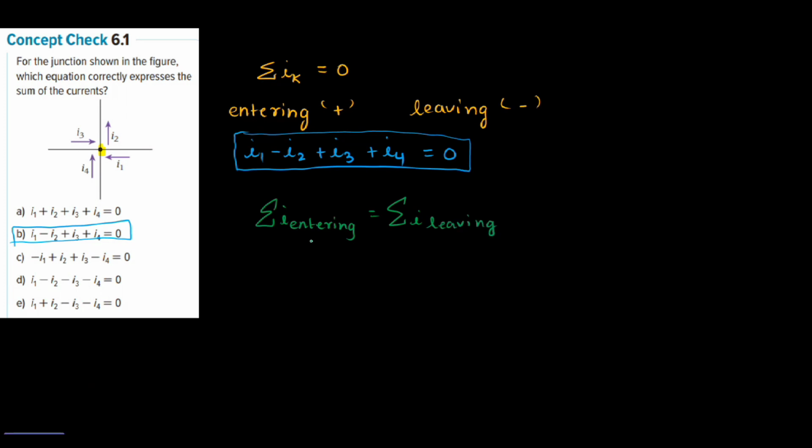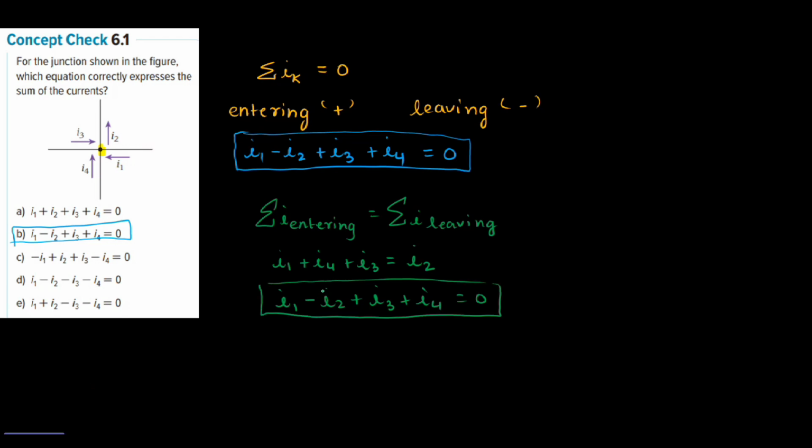So current entering the junction here is I1 plus I4 plus I3, and current leaving the junction is only I2. And when you rearrange them, you get I1 minus I2 plus I3 plus I4 equals 0, which is the same as the one we got before.